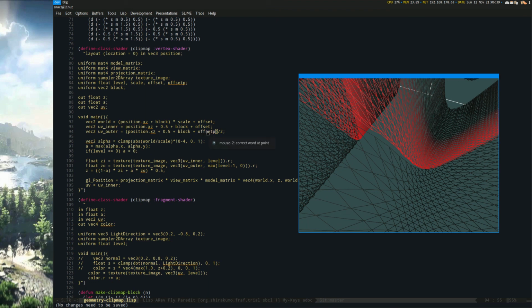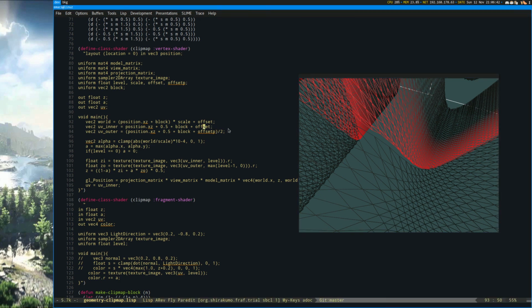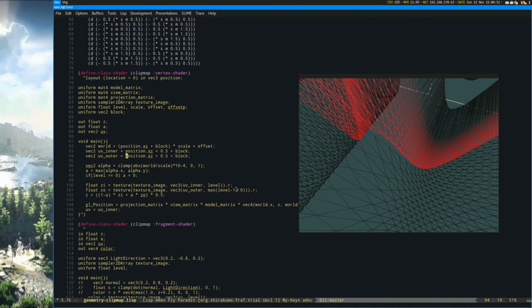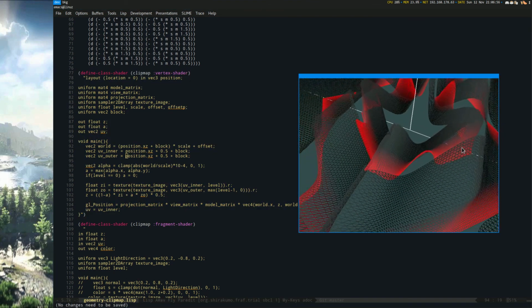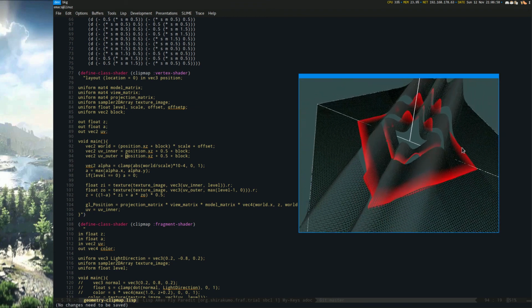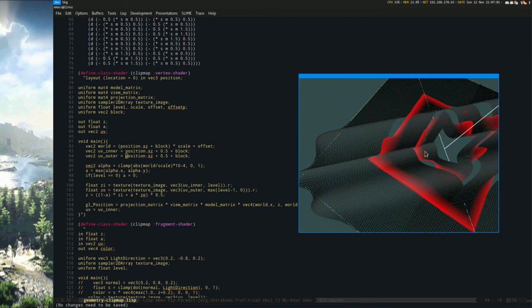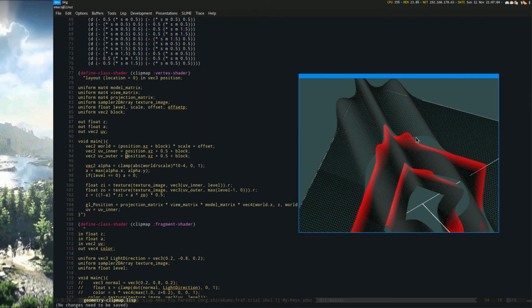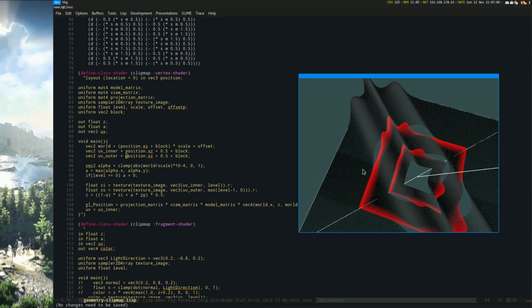So... Like what? If we do that, then we clearly see that we're scaling things.